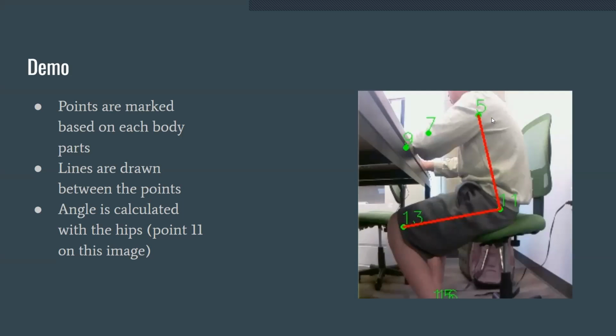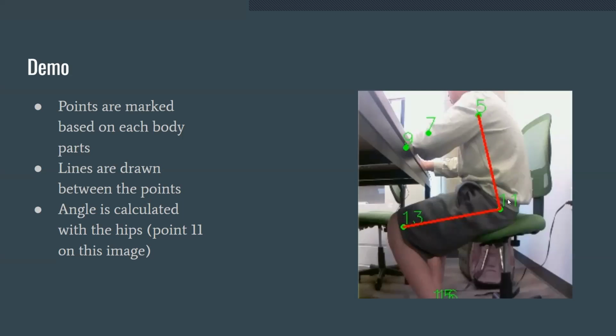If you switch to the right, it becomes even numbers, like 6 for the right shoulder, 8 for the elbow, and 10 for the right hand. But it's not seen on this image, so it is not marking it. When TensorFlow doesn't see a body part in the image, it will just not mark it.